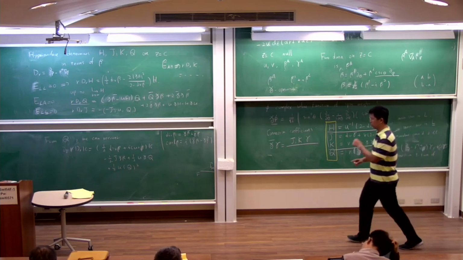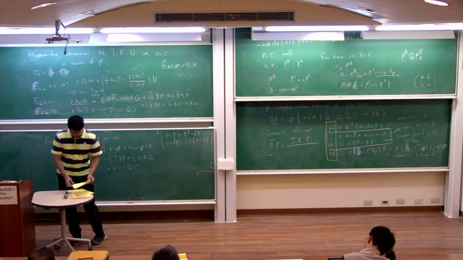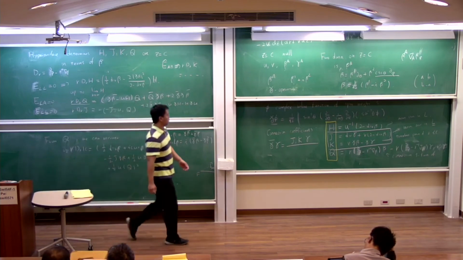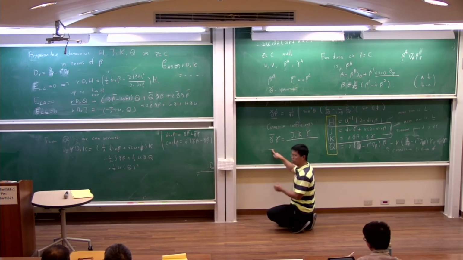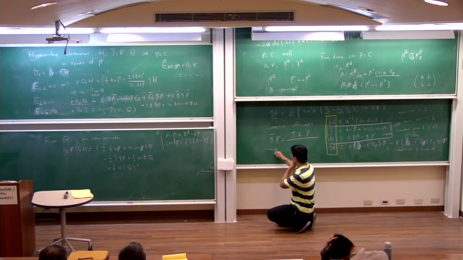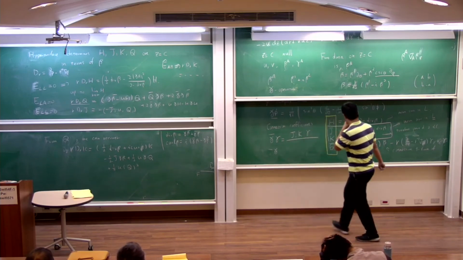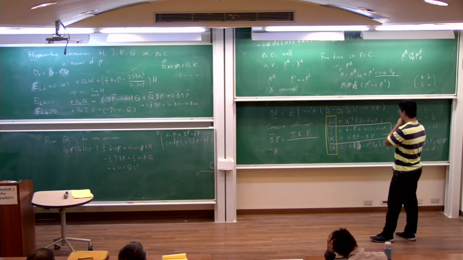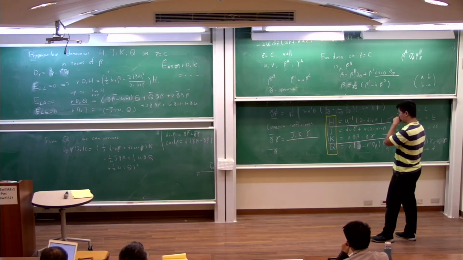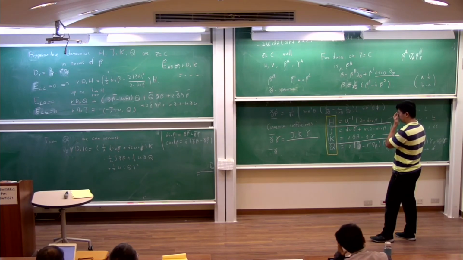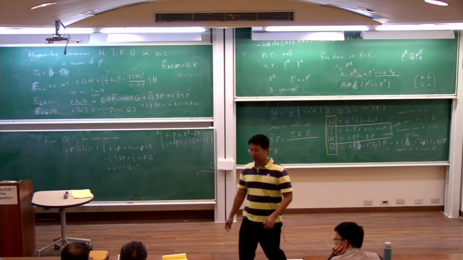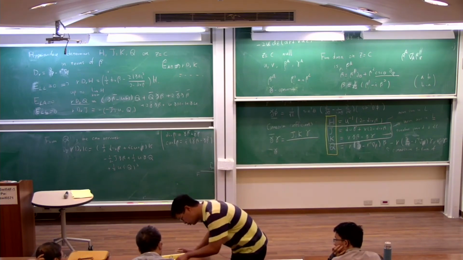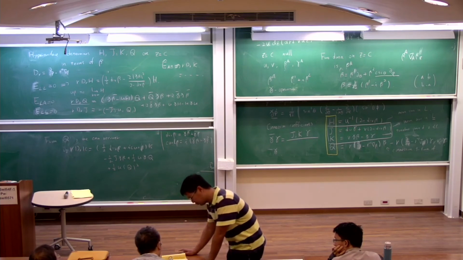S gamma plus divergence of gamma equals to something.